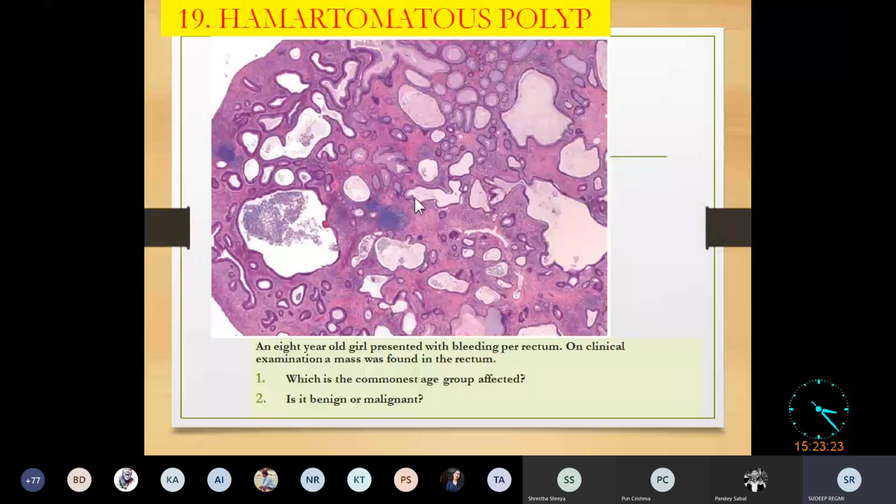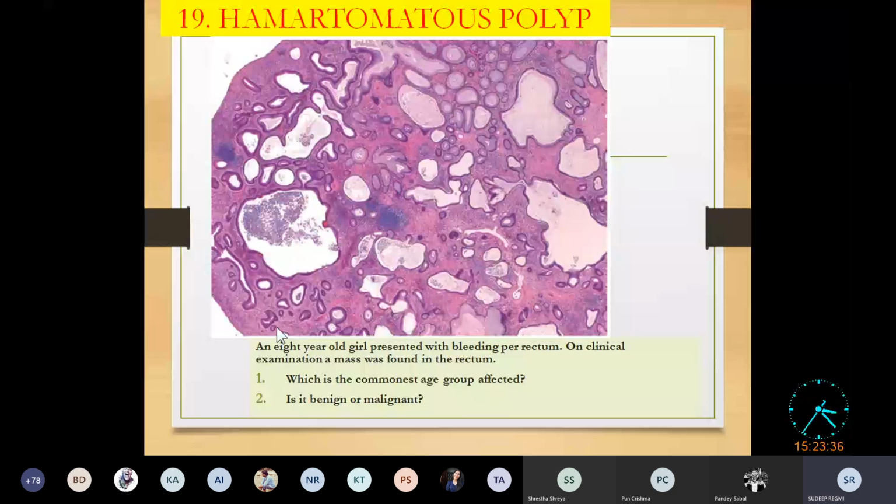The history is an 8-year-old girl presented with bleeding per rectum. On clinical examination, a polypoidal mass was found in the rectum.